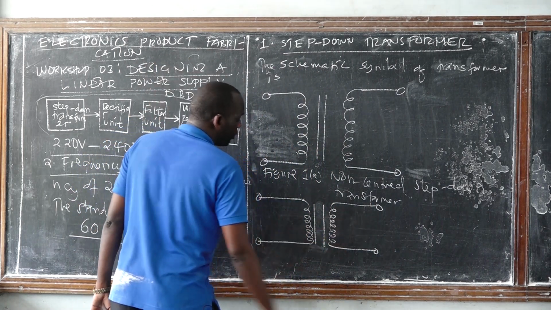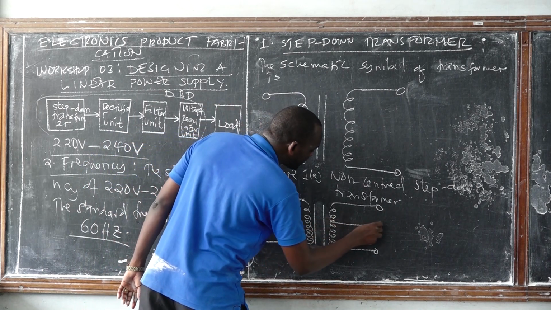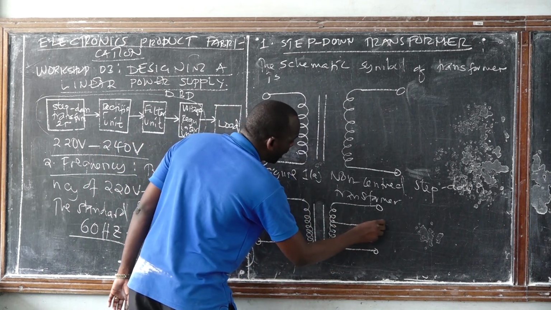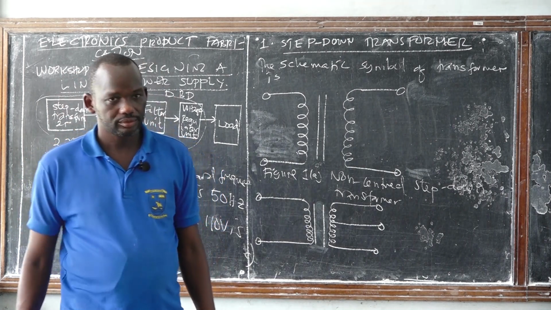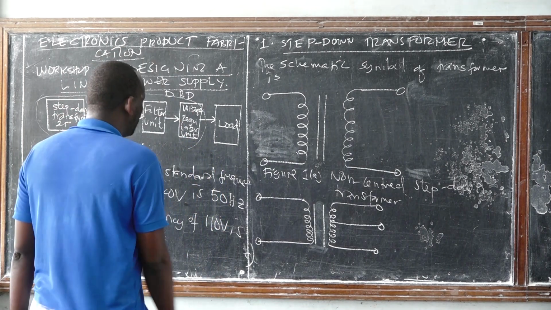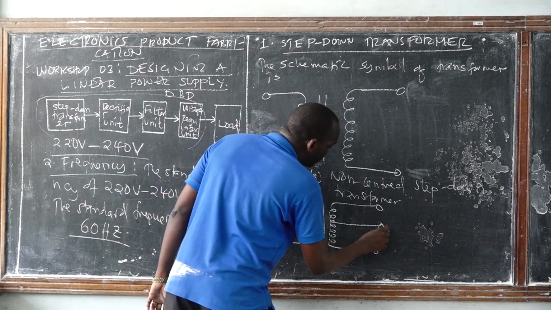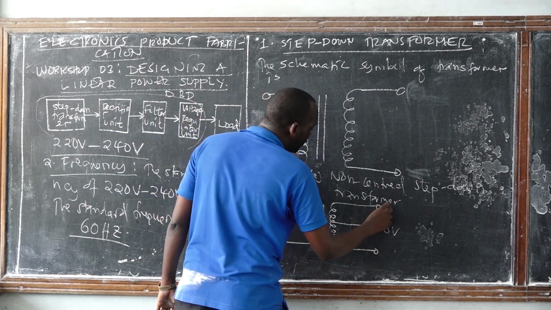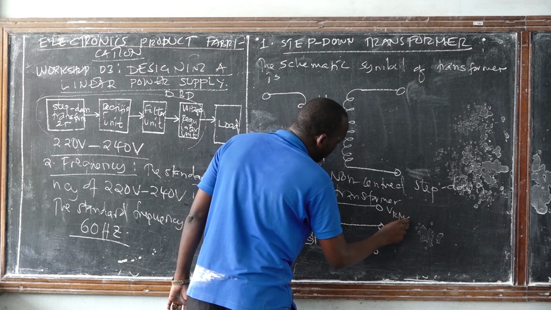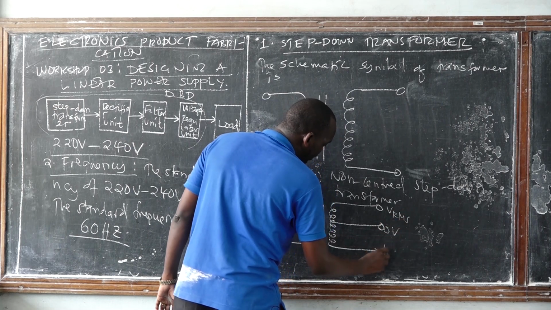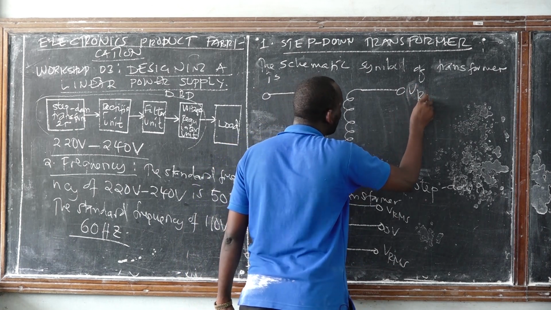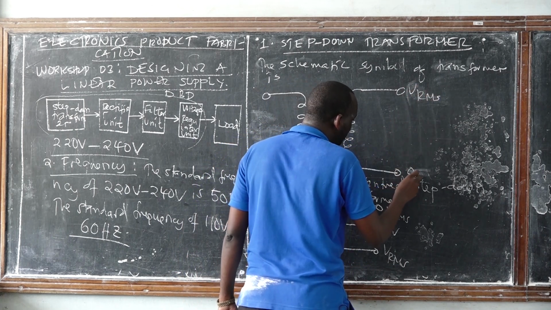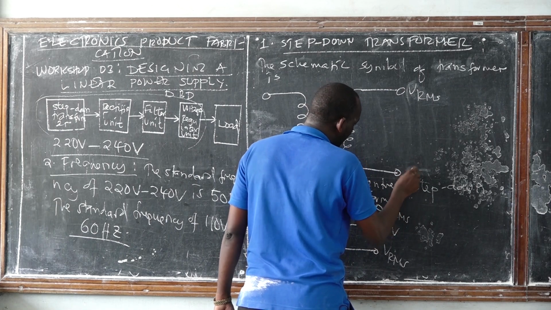So, the centered step-down transformer has 2 wires at the output. This one we always call 0 volt. This one we call root mean square 1, and this one root mean square 2. And this one we can call root mean square voltage, and this one 0 volt.